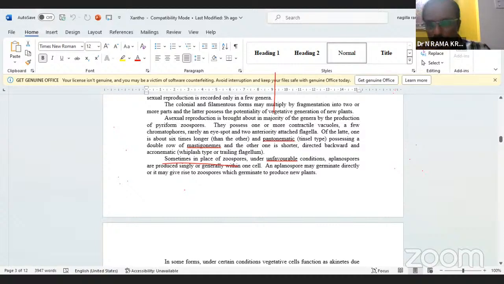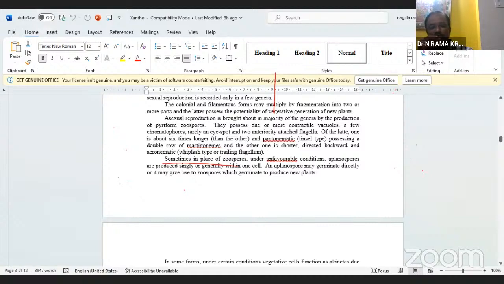Generally, Vaucheria is represented by how many species? About 50 species, out of which just 9 to 10 species have been reported from India. Vaucheria also has a cosmopolitan distribution. Many species are terrestrial. Some members are found free floating in shallow freshwater and brackish waters.